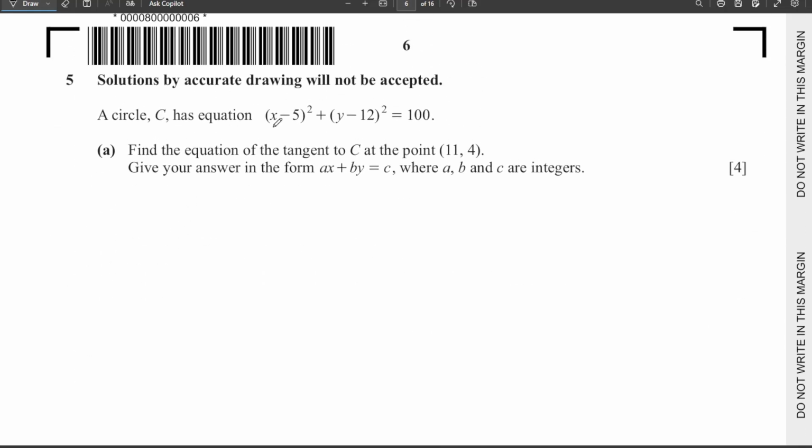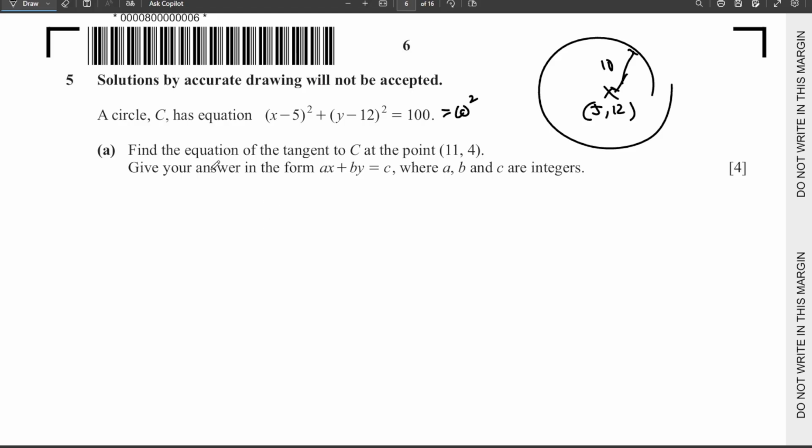Next is a circle question. Given a circle C with this equation, find the equation of the tangent to C at the point (11, 4) and give your answer in this form. I don't think you need to sketch, but if you want to sketch, here the center is (5, 12) and the radius is 10, since this is 10 squared.